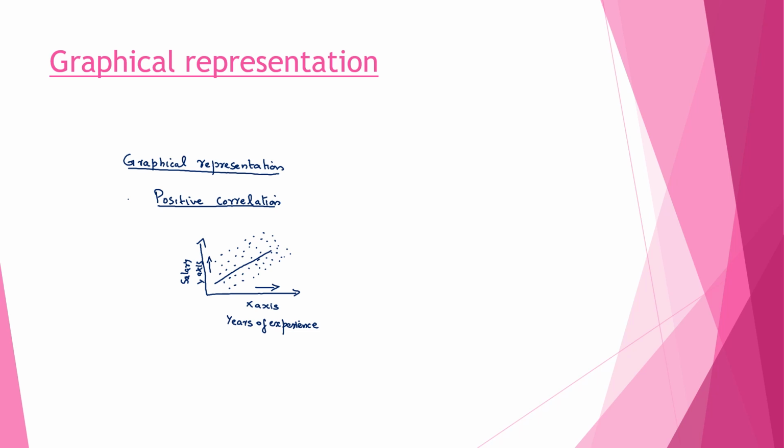So you can see the graphical representation. You're getting a straight line and all the values are clustering near the straight line, and the slope of the straight line will be positive. This gives you the interpretation for positive correlation.